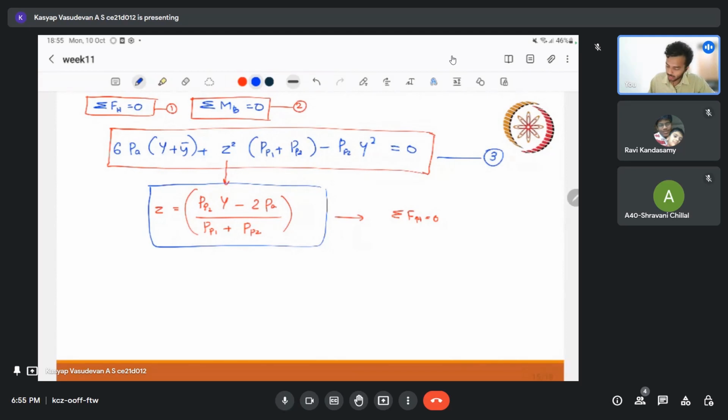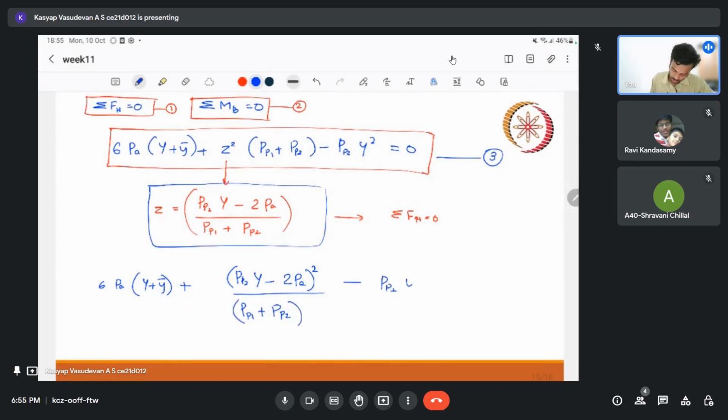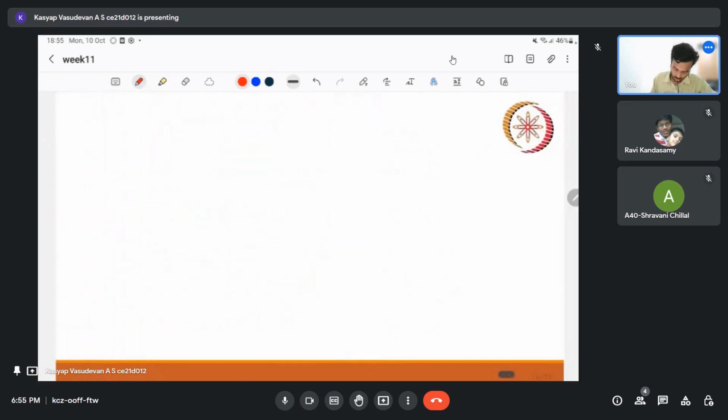We get 6pa into y plus y bar, plus the whole square of pp2 y minus 2pa, divided by pp1 plus pp2, minus pp2 y square. This equation is quite overwhelming, but this is how to do this exact method. So this is my fourth equation.